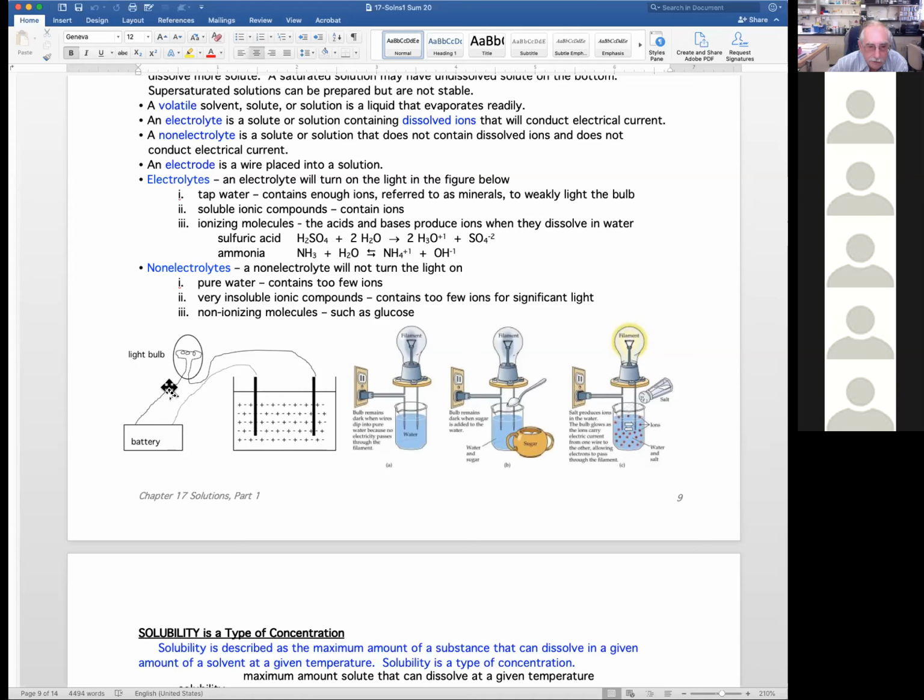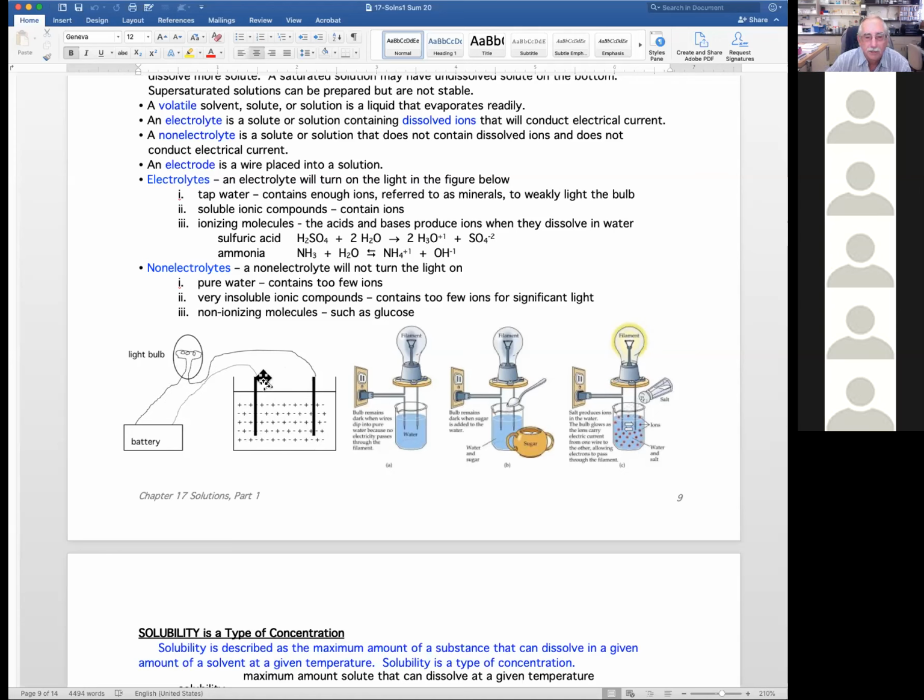And here's the other wire going through a light bulb. So now if I were to touch these two wires together, the light bulb would turn on. But if I keep them apart, the only way electrons can get from one end to the other and get a current going is if there are ions in the solution to basically carry the current.